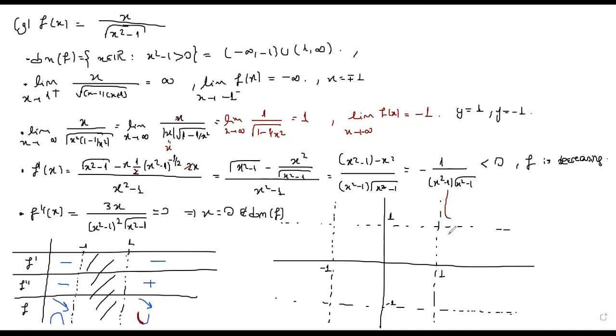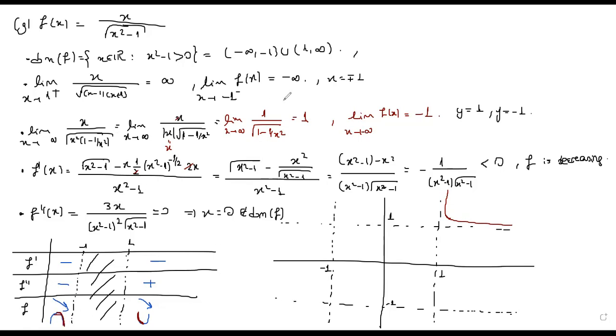And as x is approaching plus infinity, the function is approaching 1. As y equals 1 is a horizontal asymptote, it should look like this. And similarly, for that part, you see it's decreasing and downward, so it should look like this, right?